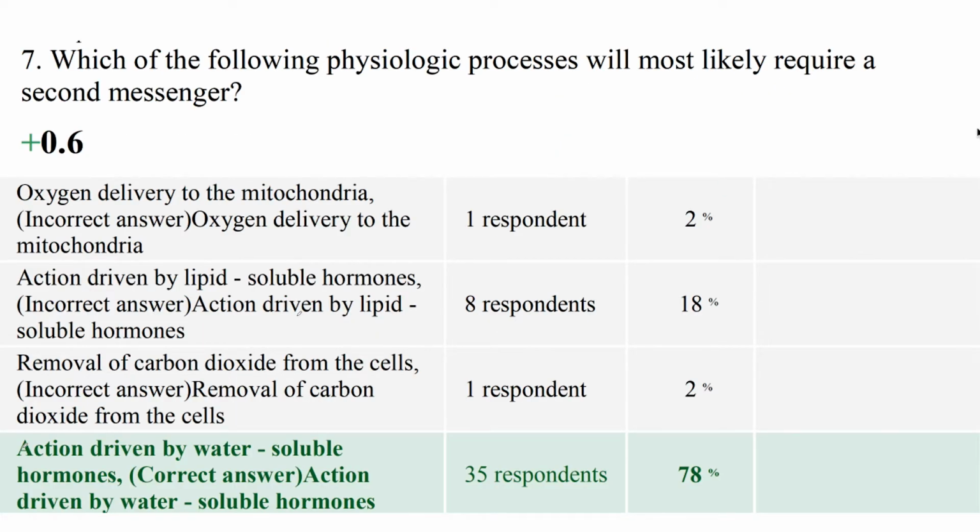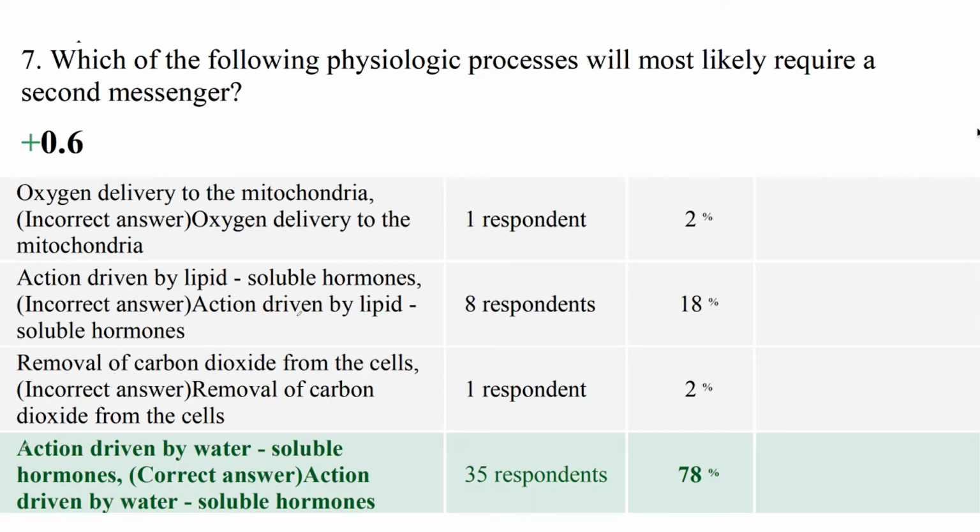Okay, this is which of the following physiologic processes will most likely require a second messenger? Good discrimination index, 0.6. Notice that 78% answered correctly. I put this here to try to understand one of the comments of a student. Student writes, second messengers are typically seen in G protein coupled receptors and enzyme linked receptors.